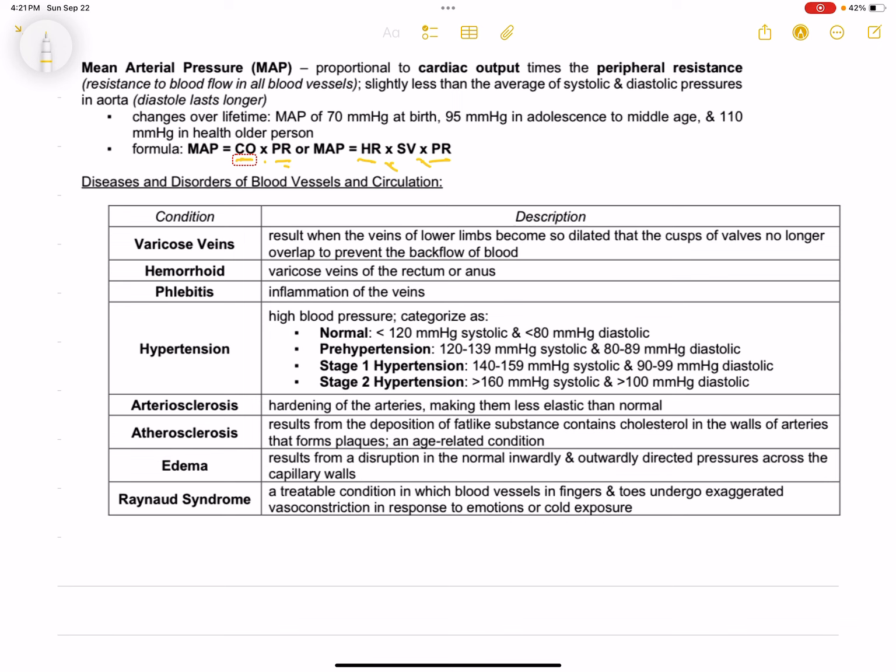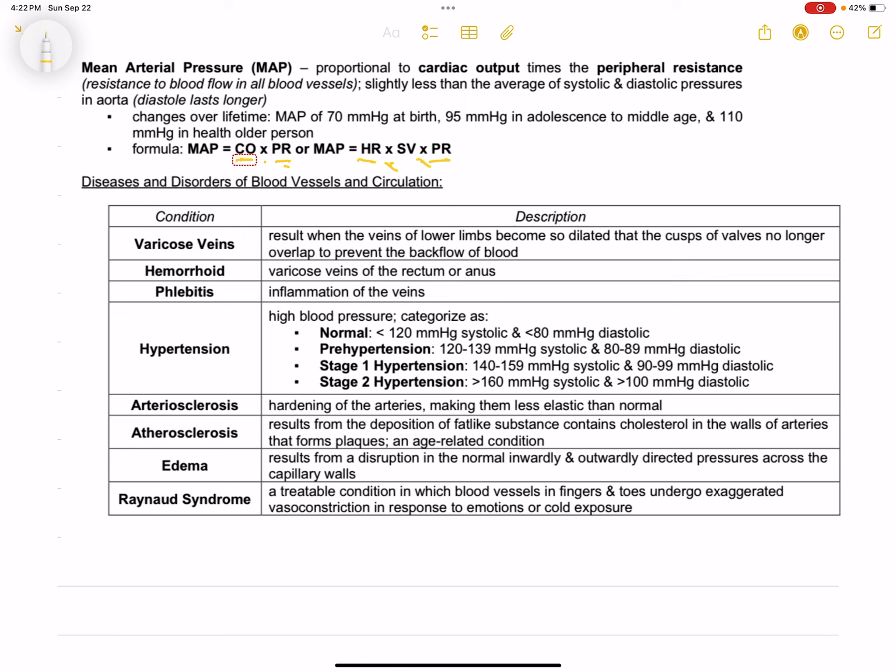It results when the veins of the lower limbs become so dilated that the cusps of the valves no longer overlap to prevent the backflow of blood. Hemorrhoids are usually seen in the rectum or anus, also called almoranas. They are varicose veins of the rectum or anus. Phlebitis is inflammation of veins. It usually happens with infection, for example when you cannulate and it gets infected, and our veins become inflamed. Usually it swells, right?